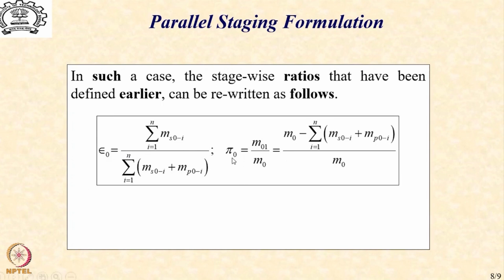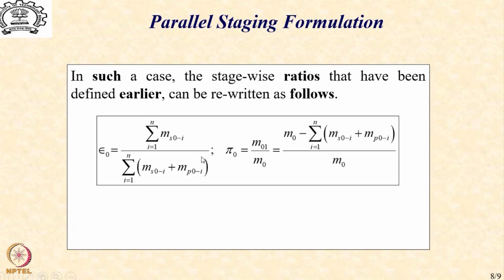With regard to the stage payload ratio pi naught, in the present case, it is now the ratio of the starting mass of the first stage divided by the starting mass of the booster stage, which can again be rewritten in terms of the total mass minus the sum of the masses of all the individual rockets divided by the total mass.